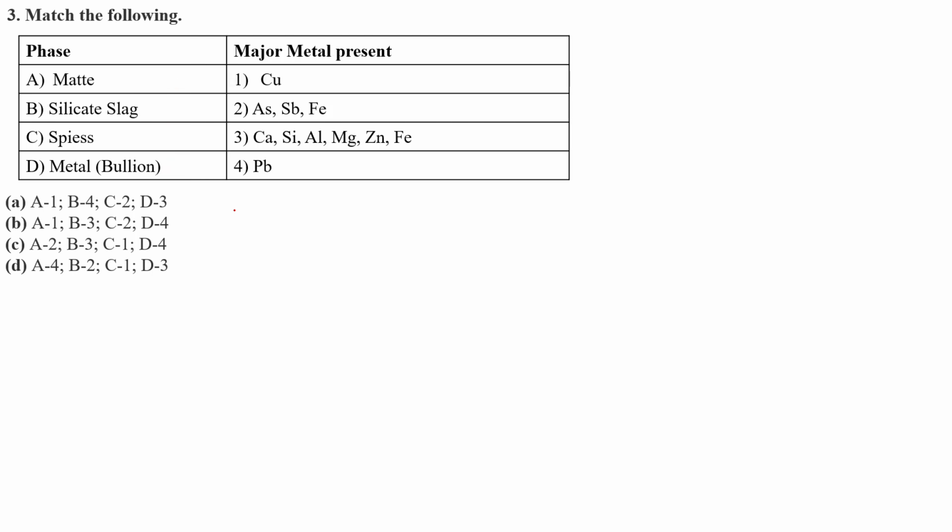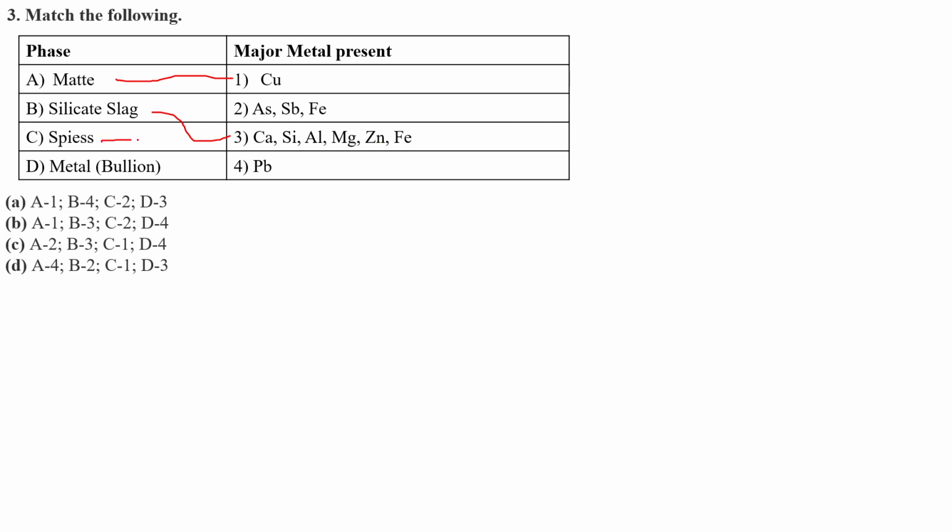Then we also talked about the major metal present inside these particular phases. Matte generally consists of the copper phase in the form of copper sulfide. Then there was the silicate phase containing calcium, silica, aluminium, magnesium, zinc, and iron in the form of oxides or silicates as a slag material.